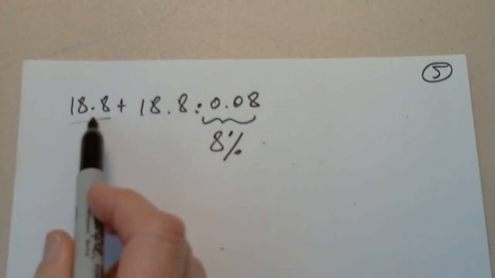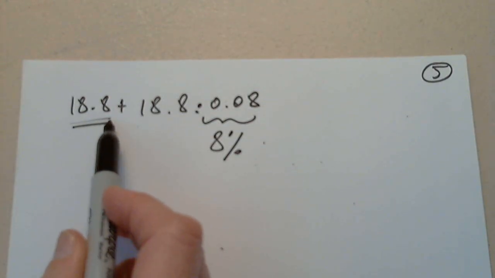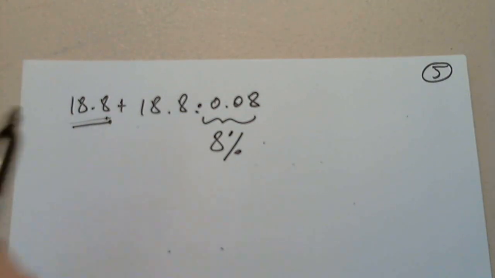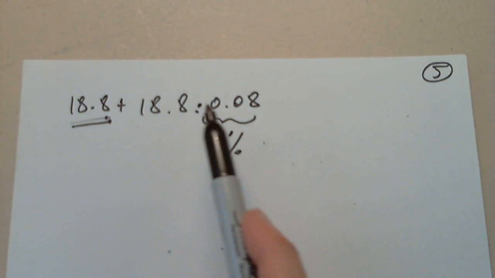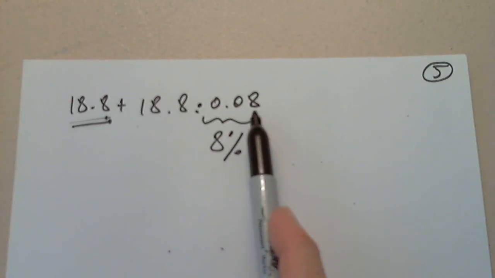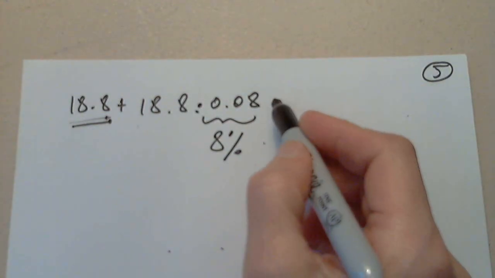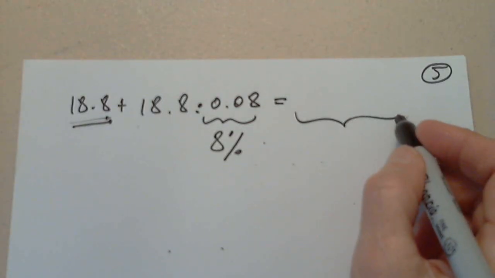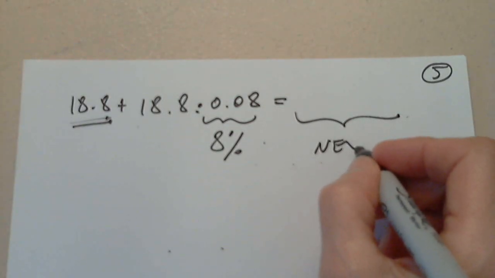So to the original, which is this year's 18.8 trips, I have to add an increase of 0.08, or 8%. And this is what we anticipate to have next year.